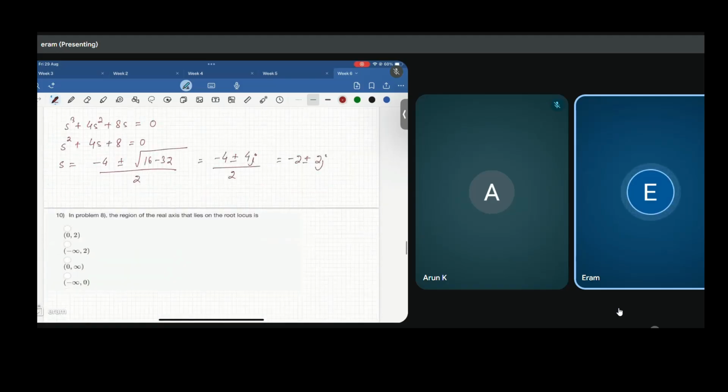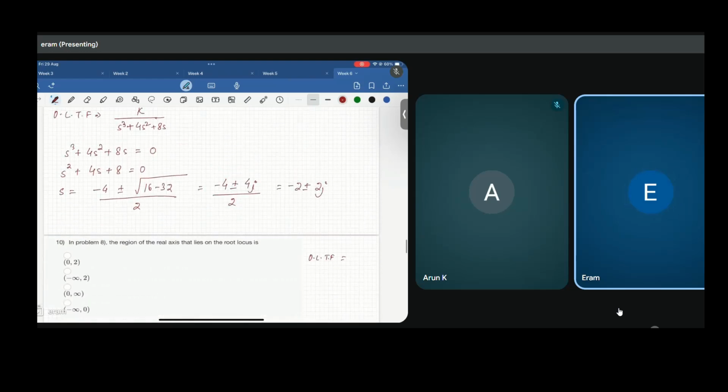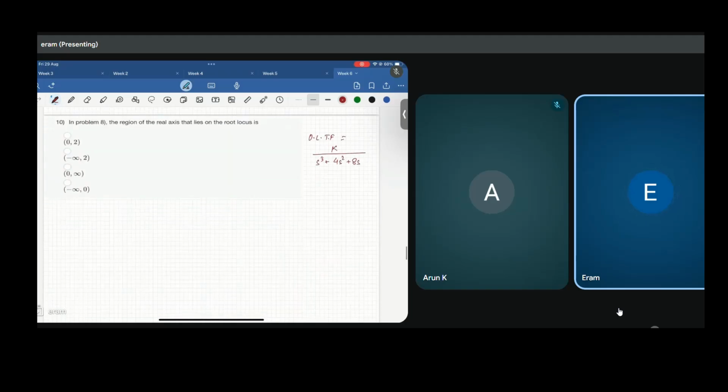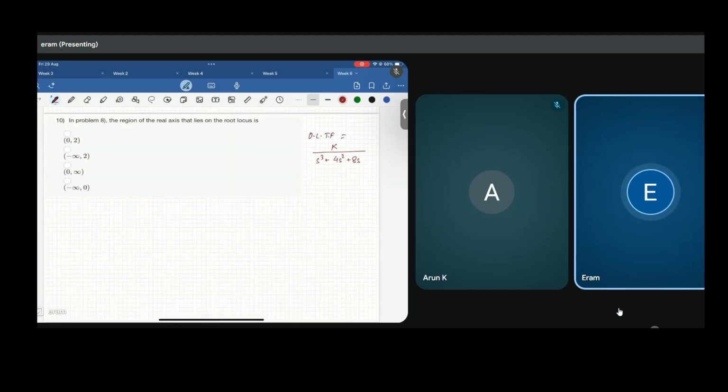Again for the same problem, with the open loop transfer function equal to k divided by s cube plus 4s square plus 8s, find out the region of the real axis that lies on the root locus.